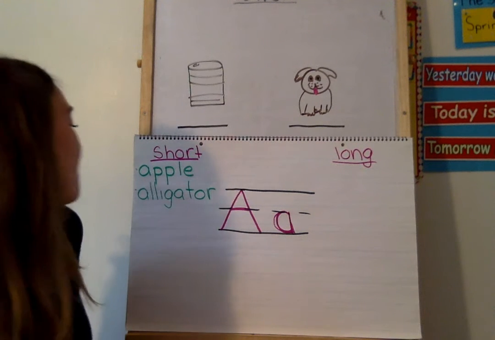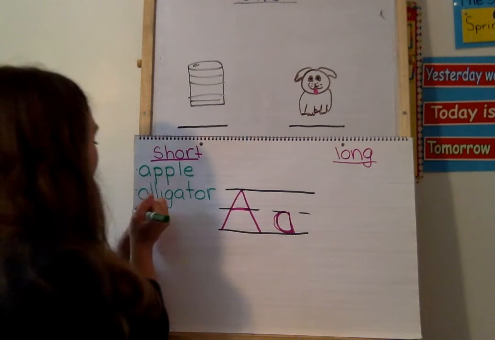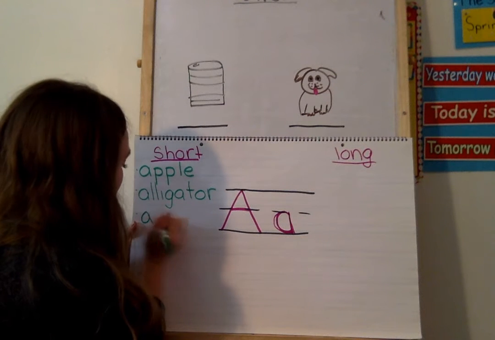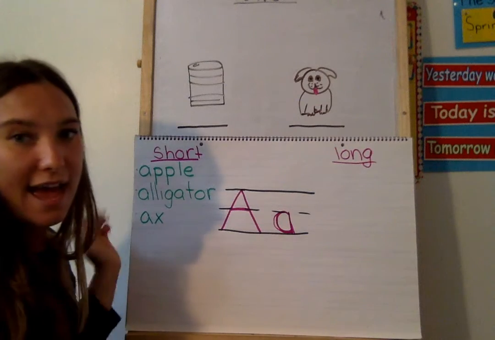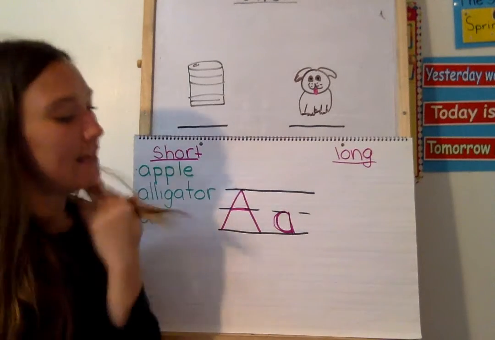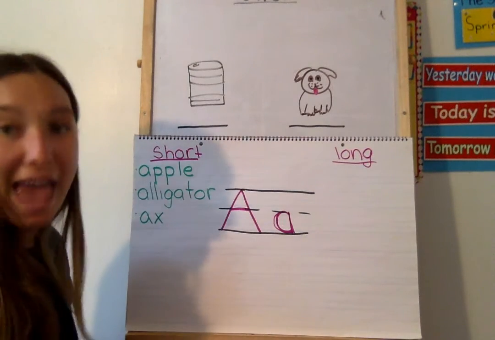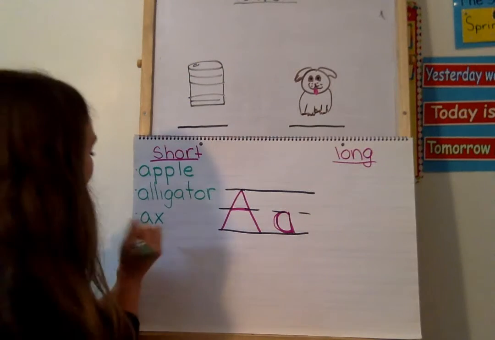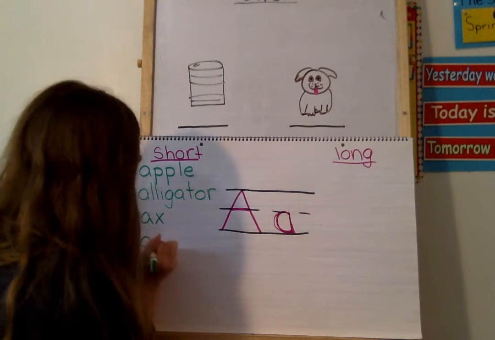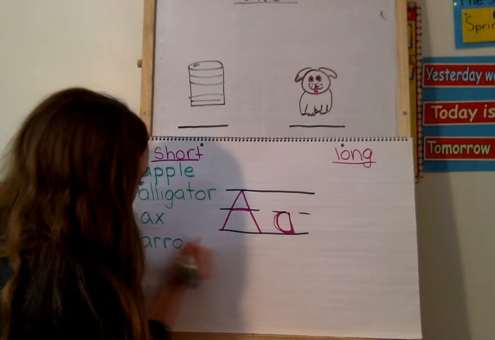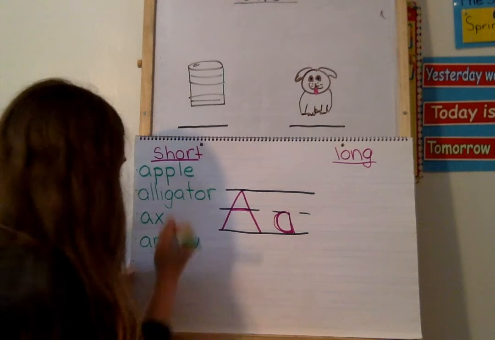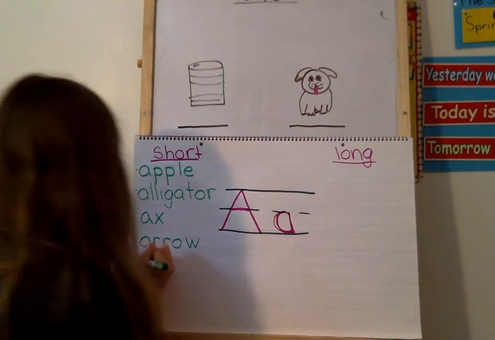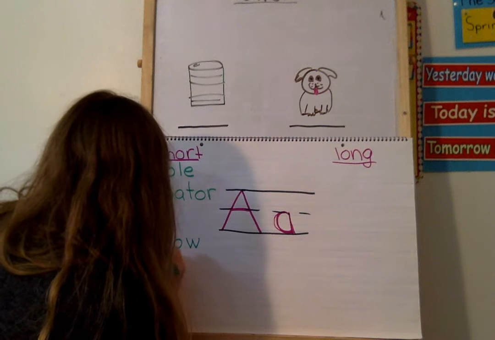Then we have axe. Cut down trees. Then we have arrow. Ambulance.